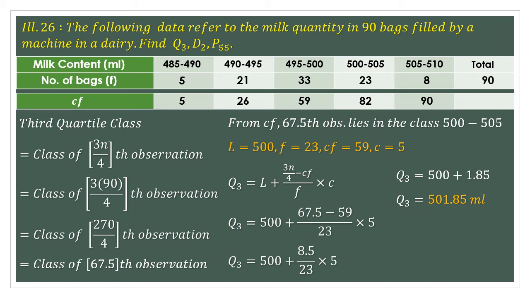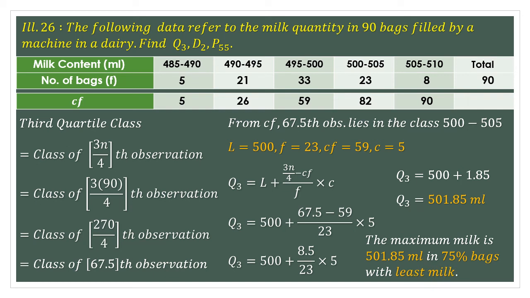501.85 milliliters. Now I hope you guys remember that third quartile means that the 75% data is on the left side and 25% data is on the right side. That means if we are talking about milliliters of milk, the maximum milk is 501.85 milliliters in 75% of bags with less milk.